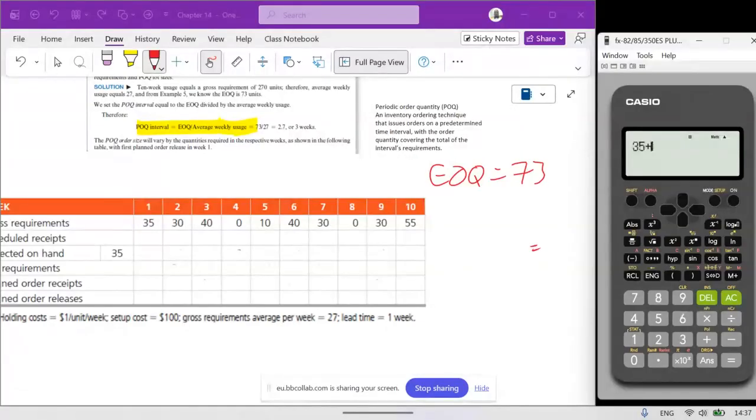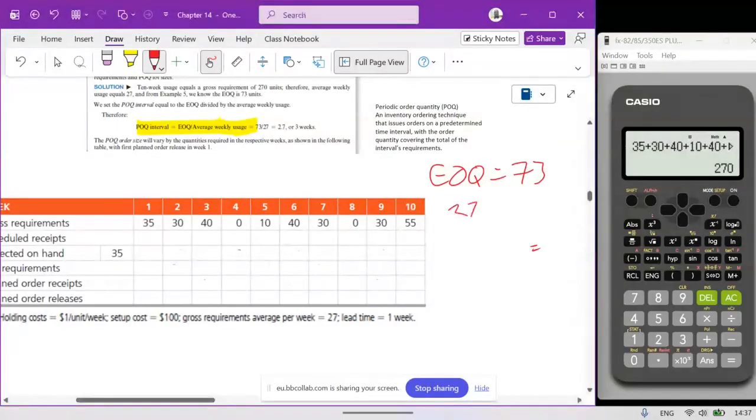35 plus 30 plus 40 plus 10 plus 40 plus 30 plus 30 plus 55, 270. So you have the gross requirement of 270 over the number of weeks, which is 10 weeks.